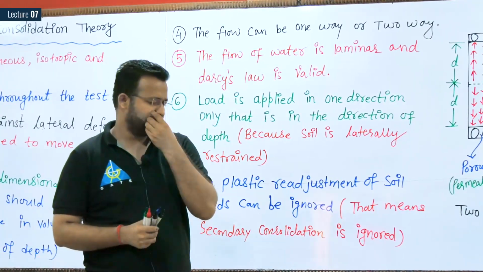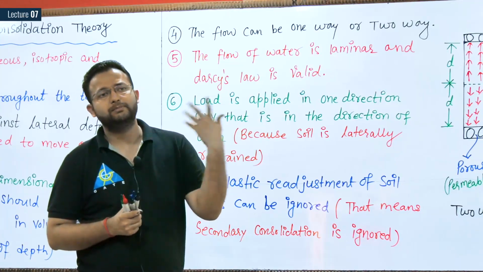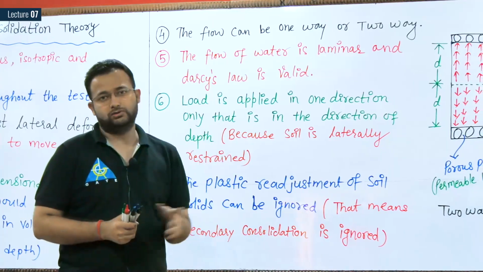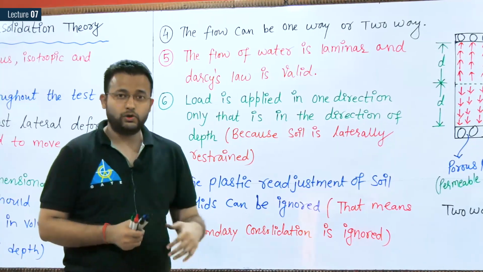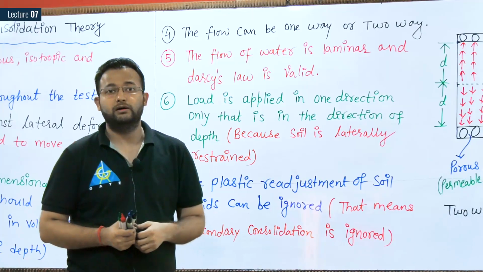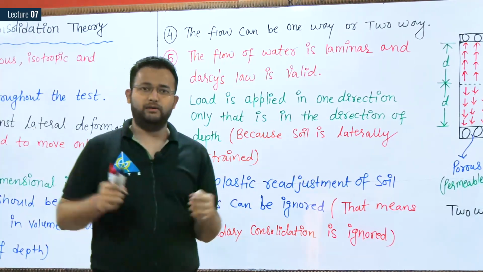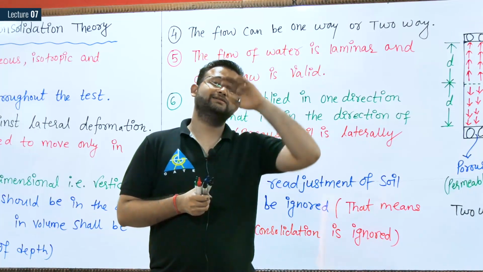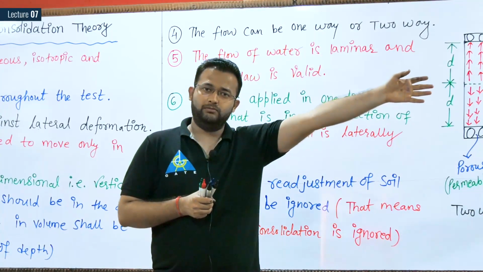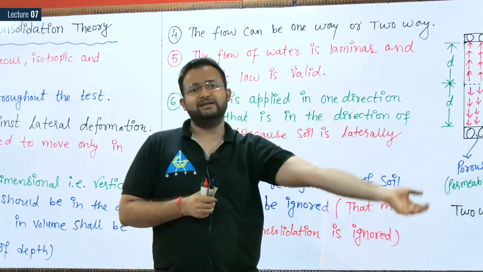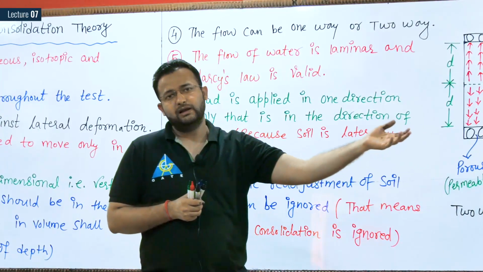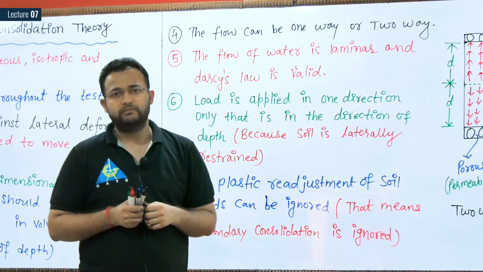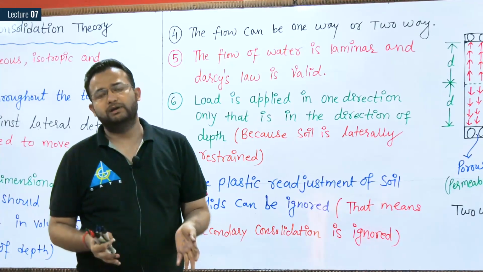Why? Because the secondary consolidation occurs after the primary consolidation, and the primary consolidation is completed in infinite time. So when the secondary consolidation occurs after infinite time, it has less significance. First the primary consolidation must be completed.